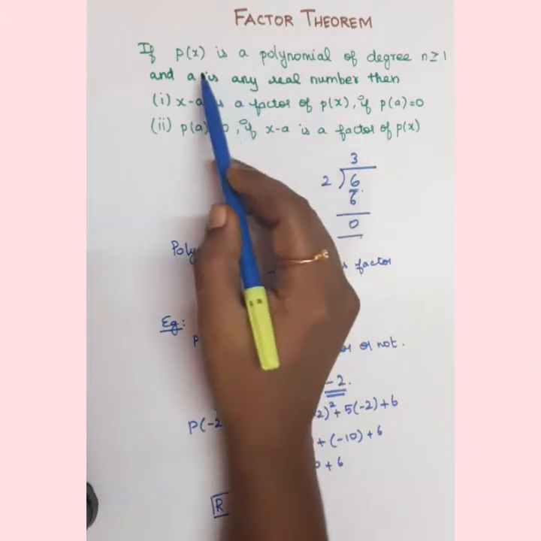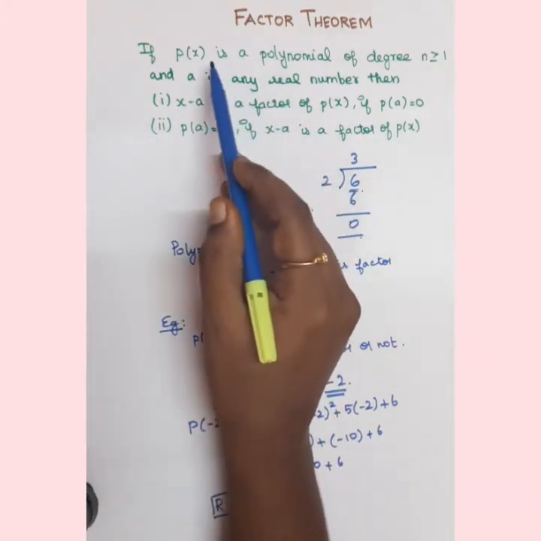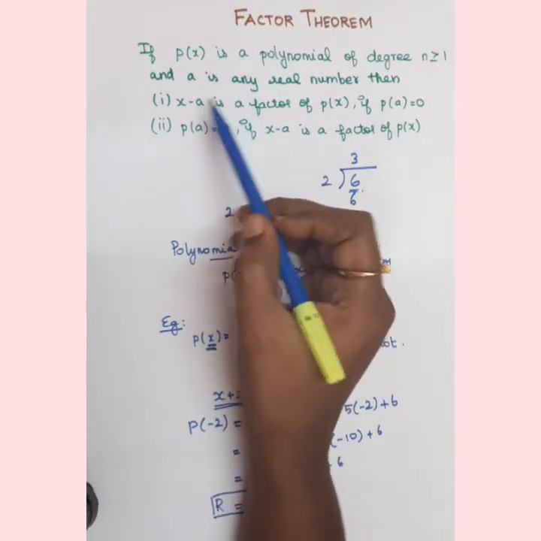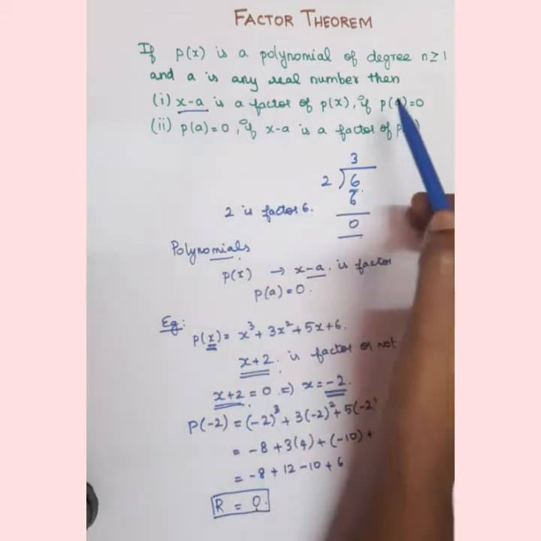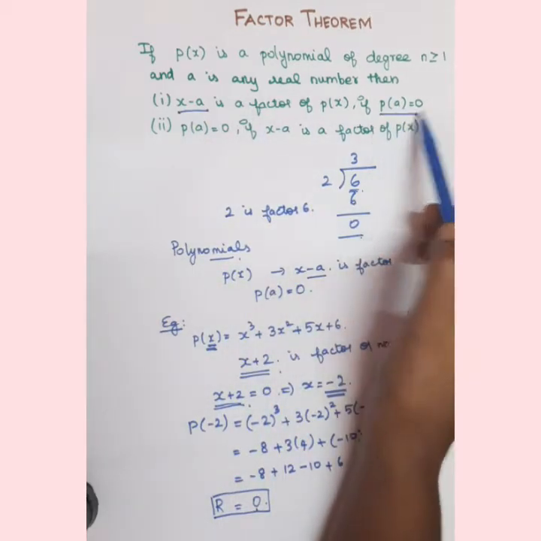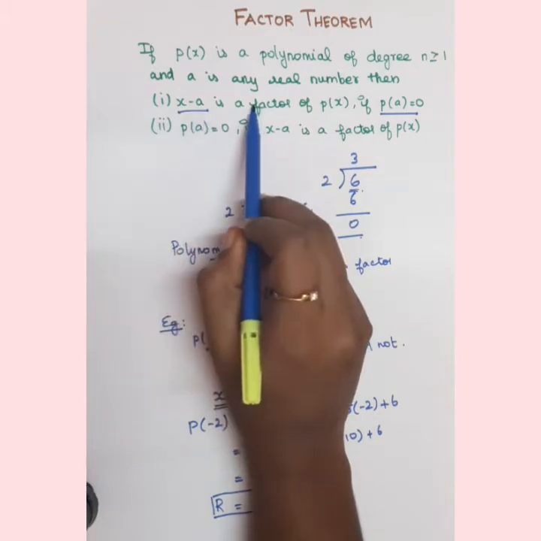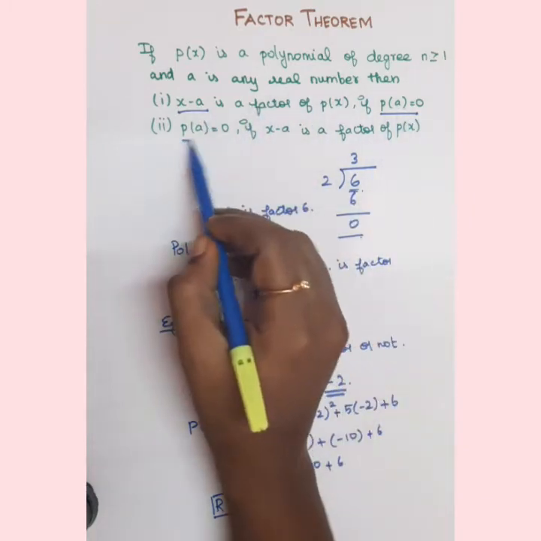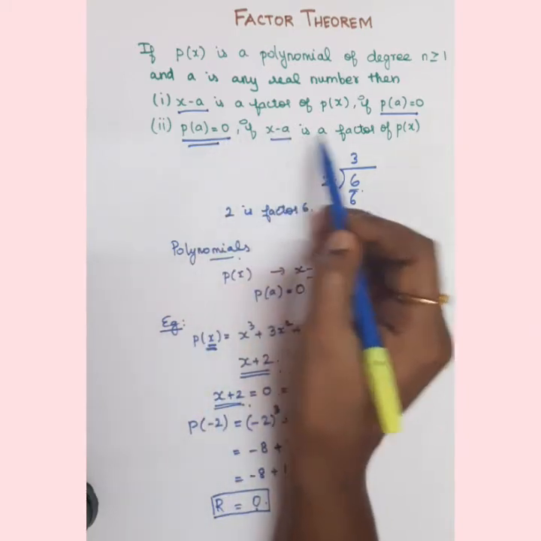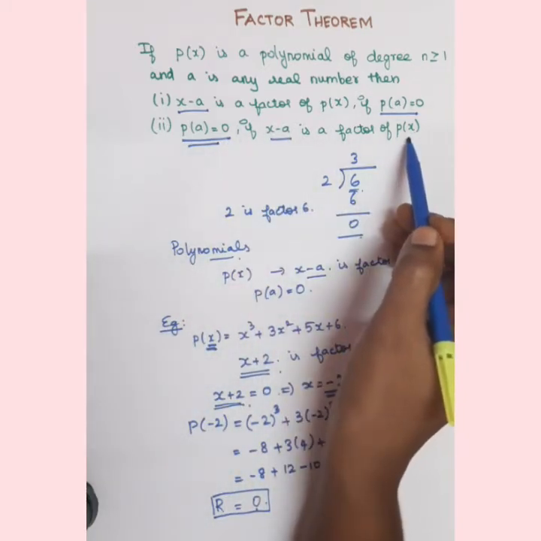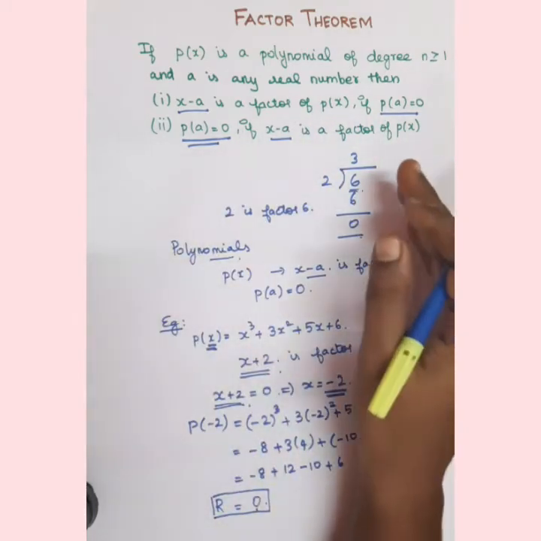So here p of x is a polynomial and you are going to divide by another polynomial, x minus a. If the remainder p of a is 0, then you will say that x minus a is a factor of p of x. So you can easily differentiate the remainder theorem and the factor theorem.